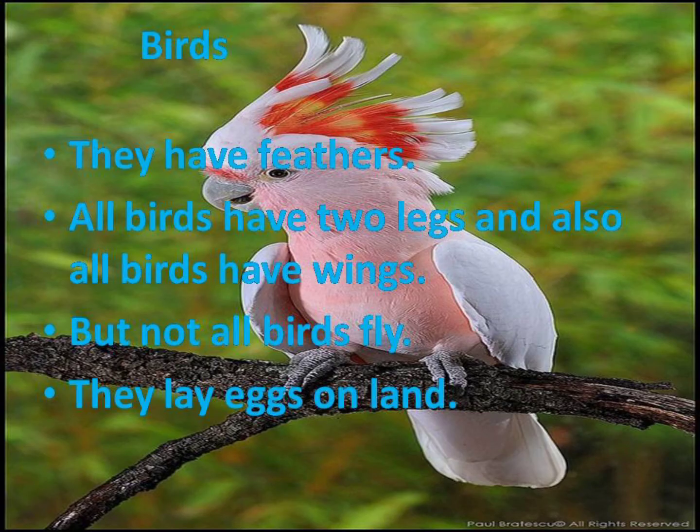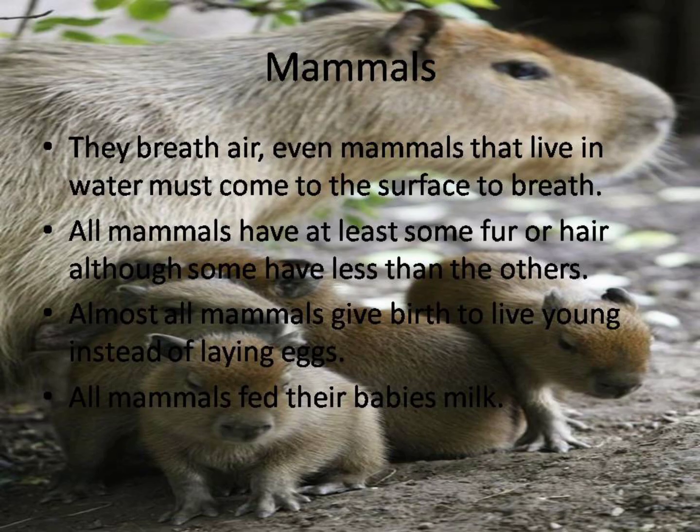Birds are easy to recognize. They are the only type of animals in the world to have feathers. All birds have 2 legs and all birds also have wings, but not all birds fly. They lay eggs on land. Mammals are a group of animals that humans belong to.